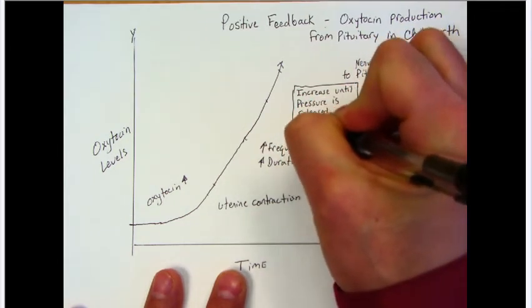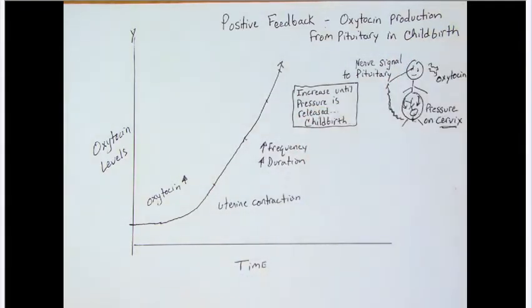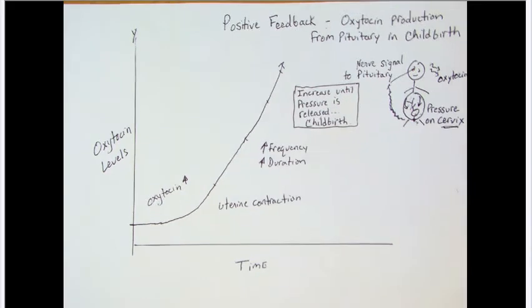That's childbirth. Once the pressure is off of the cervix, because the baby has passed through, the oxytocin levels will drop slightly.